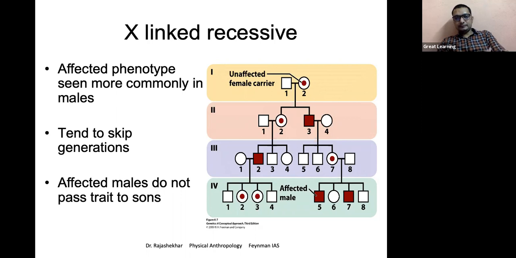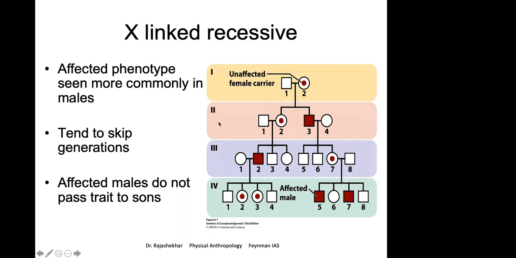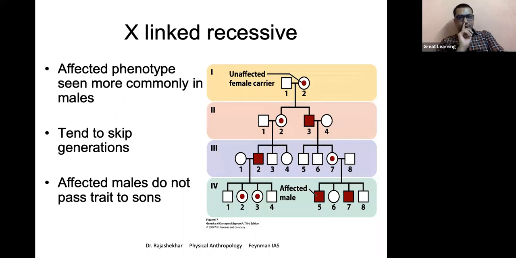Why is that? The mutation is carried on what chromosome? X chromosome. How many X chromosomes are present in males? One. And who gives that X chromosome to the male? Sons receive X chromosomes from whom?